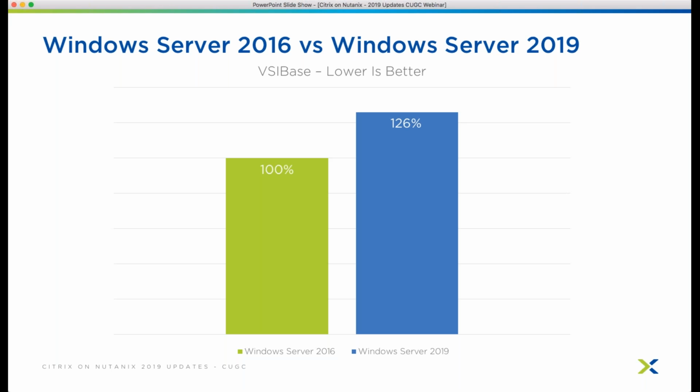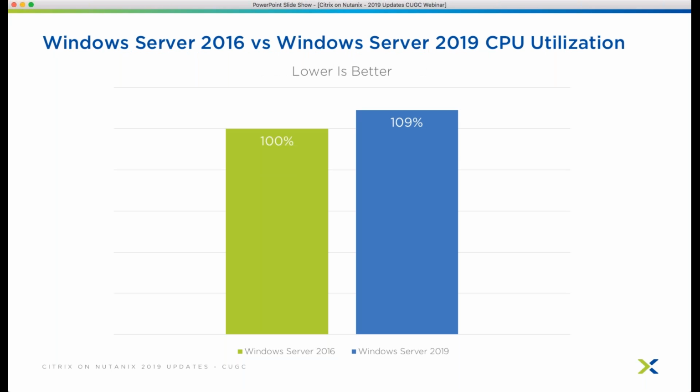And then we look at the CPU utilization. So about a 9% increase in CPU utilization between 2016 and 2019. And then login time stayed the same, but as we get newer updates, more optimization info, and so forth for 2019, we'll continually test and update these numbers as well to see if that impact comes back down or if it goes up or stays the same.